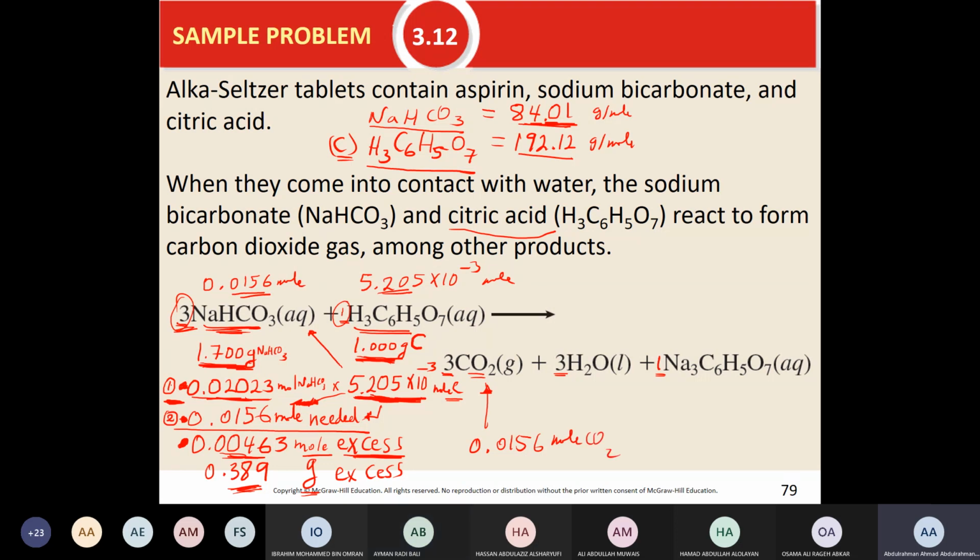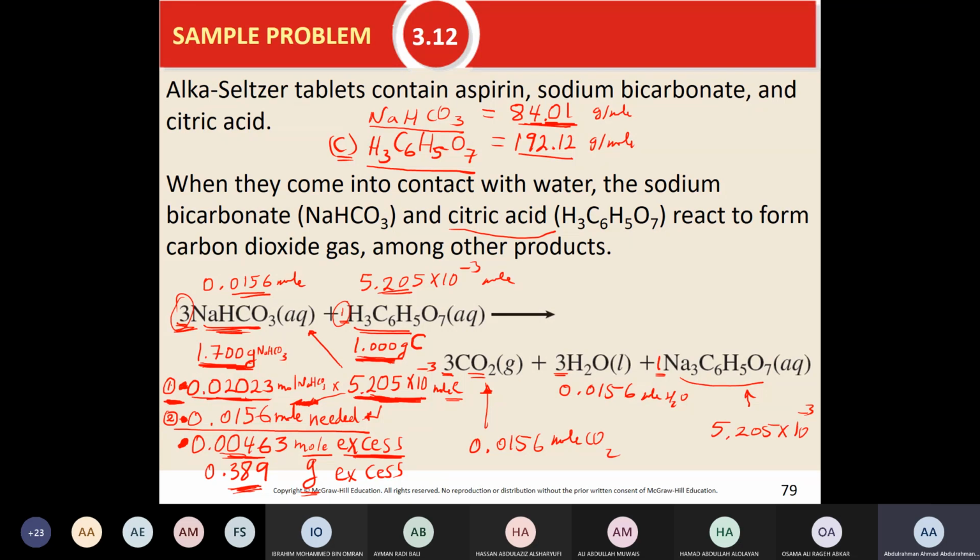How many moles water? Same, 0.0156 moles H2O. How many moles sodium citrate? 5.205 times 10 to the power minus 3.